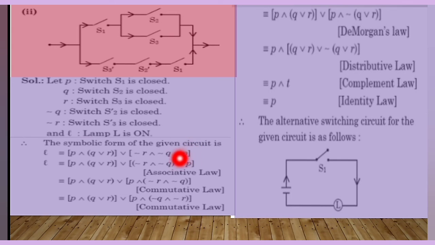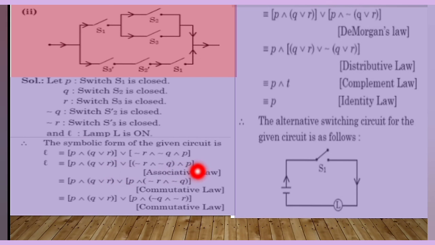This is P. Now apply the associative law. Here this bracket is written as it is, again or, apply the associative law, meaning here we write a bracket around these two statements, negation R and negation Q, bracket close, and P. Now again apply the commutative law. This bracket is written as it is first, the or symbol as it is.